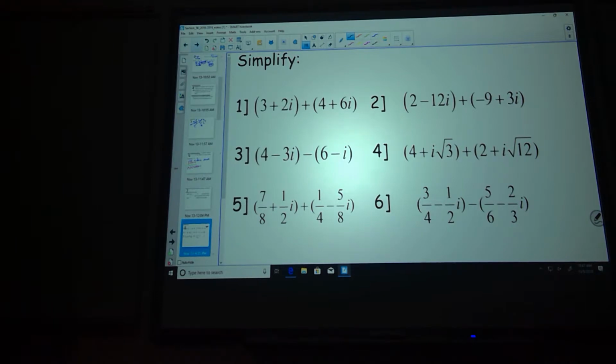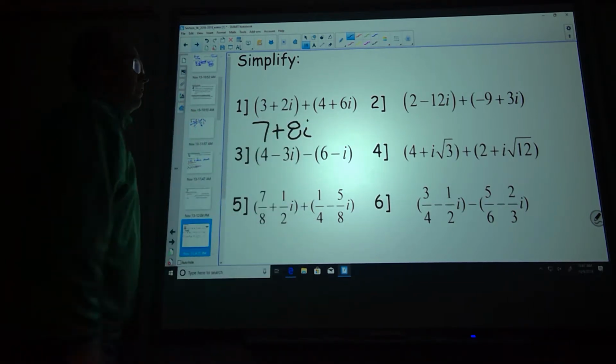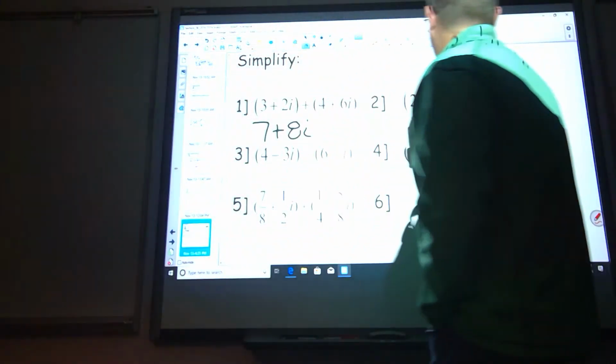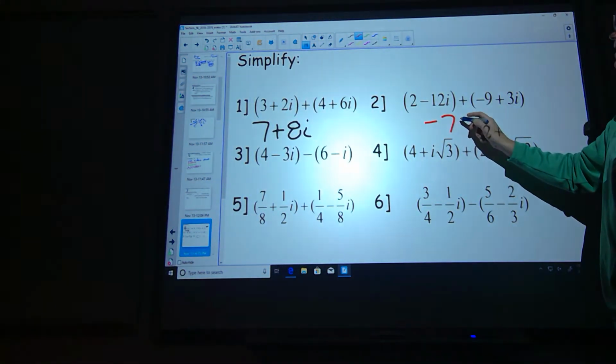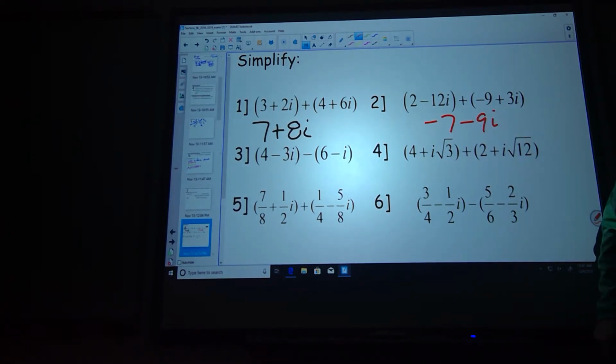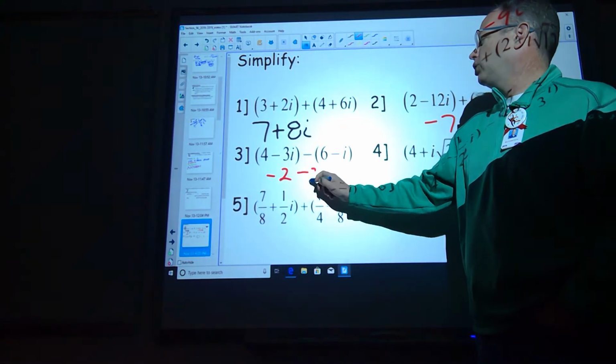When we add, subtract, multiply, and divide, we combine i's as like terms. So this is going to give me 7 plus 8i. This one is going to give me negative 7 minus 9i. This one's going to give me negative 2 minus 2i.